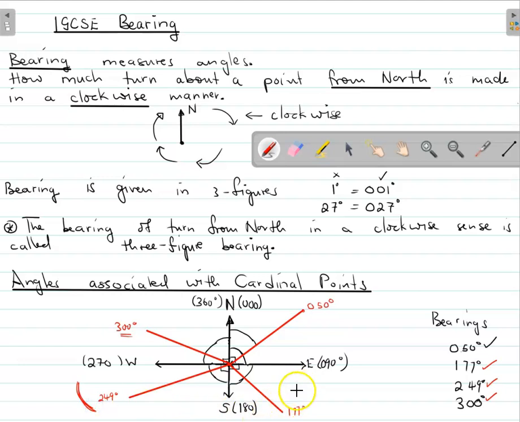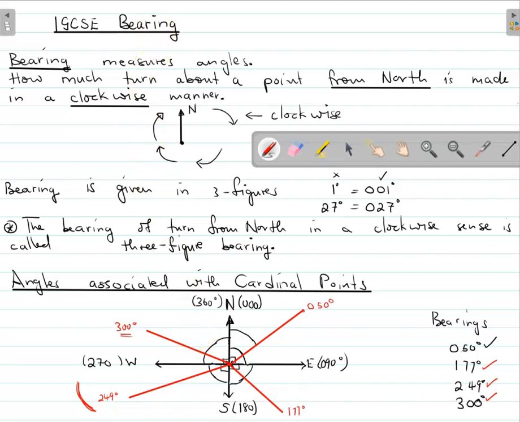If it is between 90 and 180, it comes here. If it is between 0 and 90, it comes here. And if it's between 270 and 360, it comes here. You don't talk of between 0 and 180, because there is 90 degrees in between. So you always position the angle in 90-degree intervals.